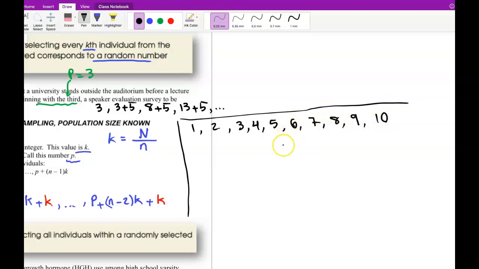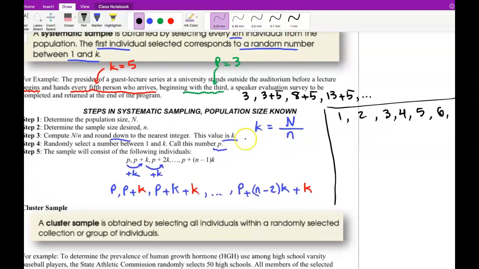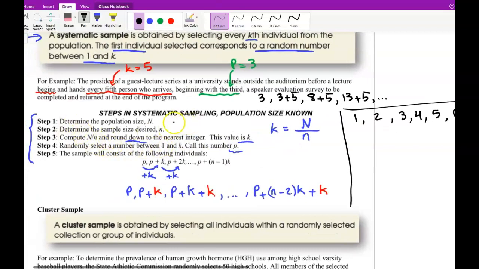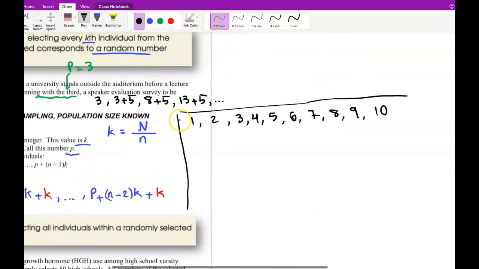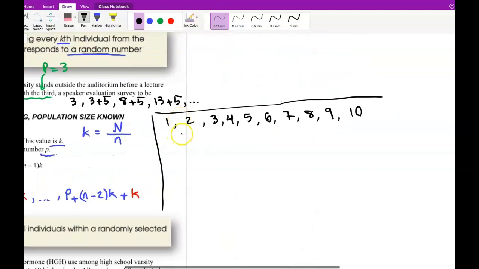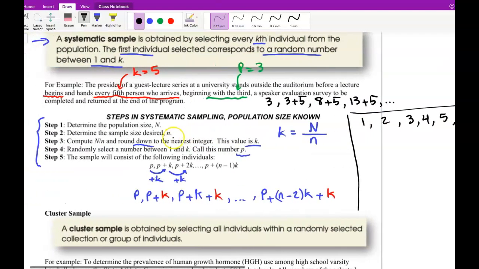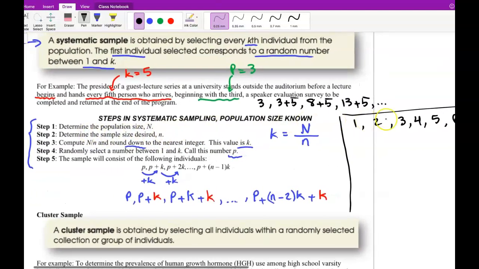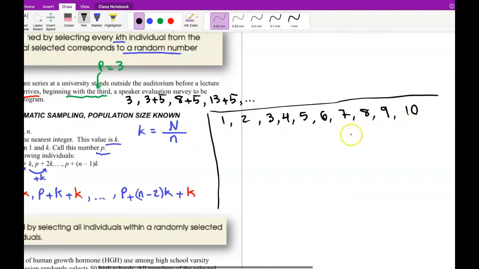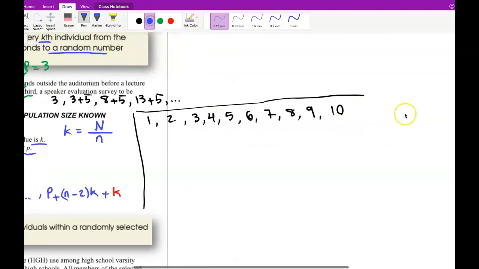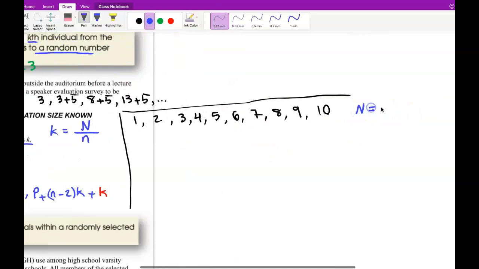Then I want to select our sample from this part using these steps. So I use systematic sampling. The first step, determine the population size. We already have that one. N is the population size. N is 10.